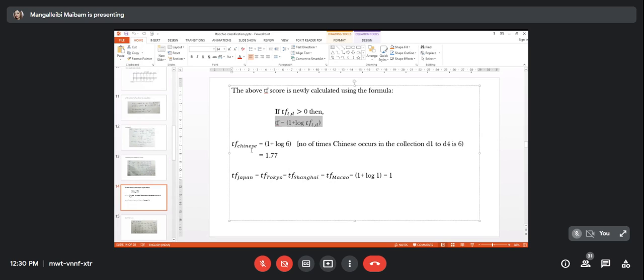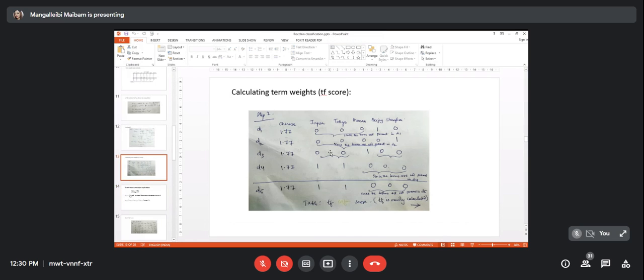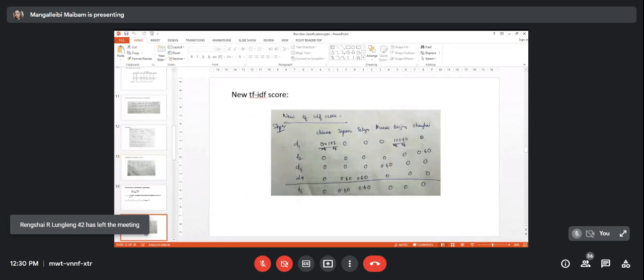For calculation purpose, it is explained here, and the values are substituted, and this is what we got as the TF score values. Now these TF score values will be multiplied with our inverse document frequency values, and this is what we got.